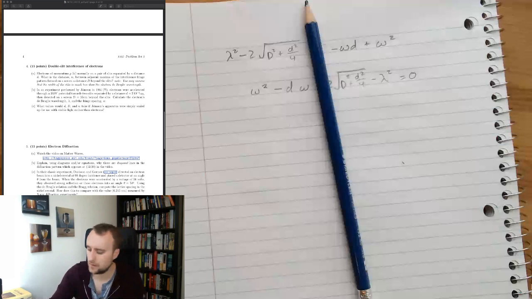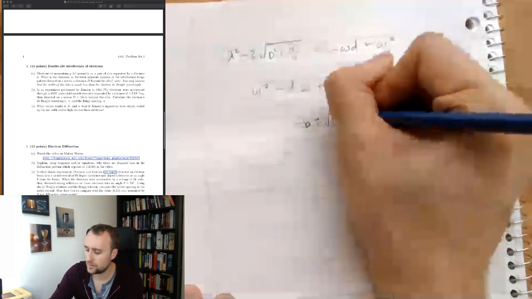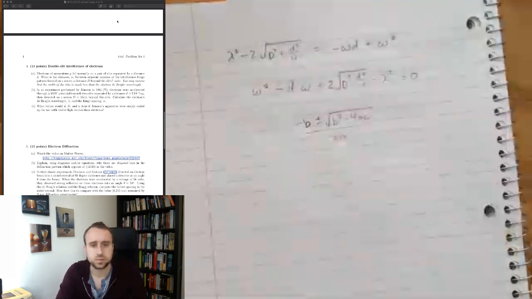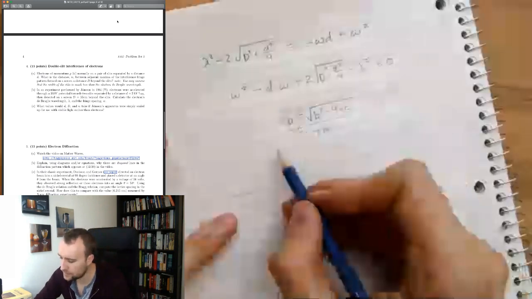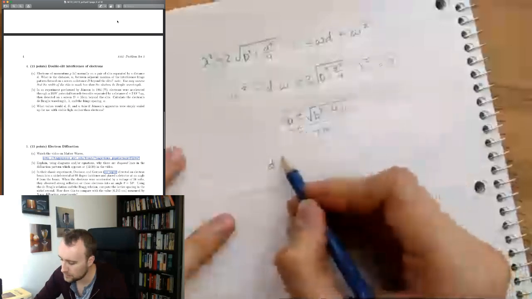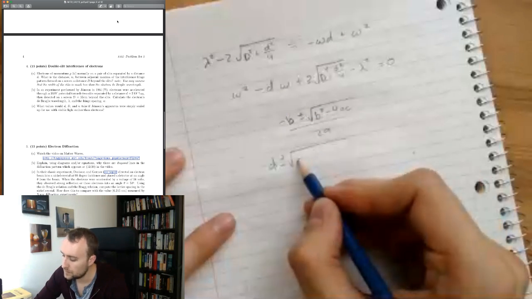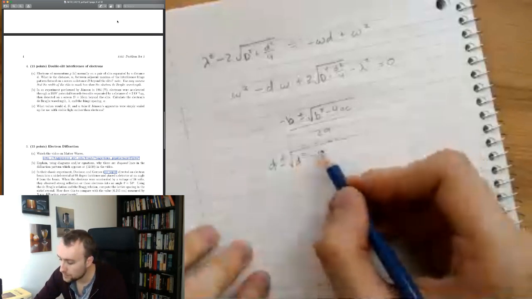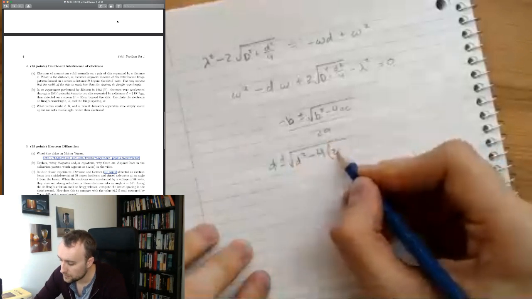All right, so minus b plus or minus square root of b squared minus 4ac over 2a. And then what are we going to have here? Well, this is going to be d plus or minus square root of d squared minus 4 times 2 root.